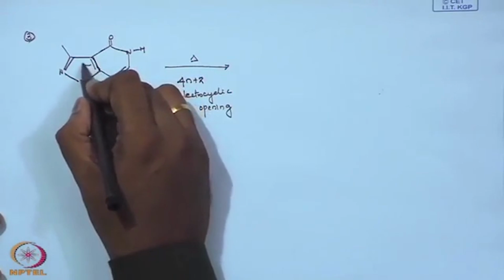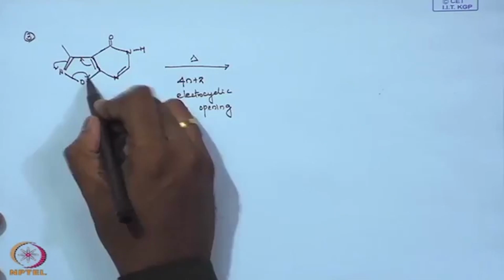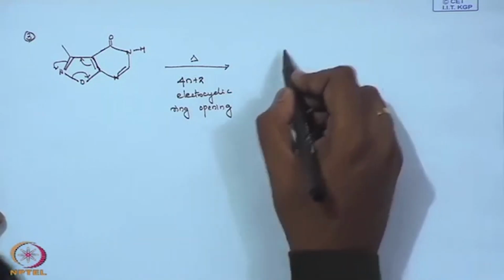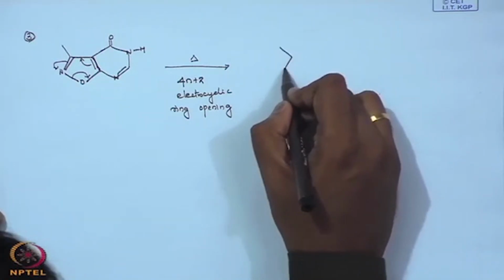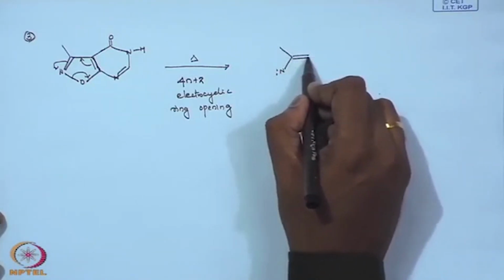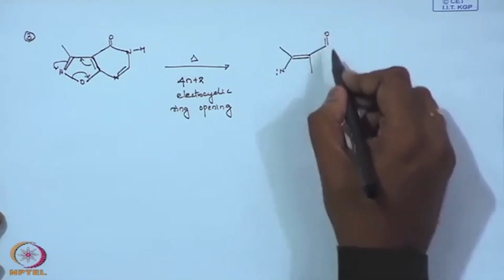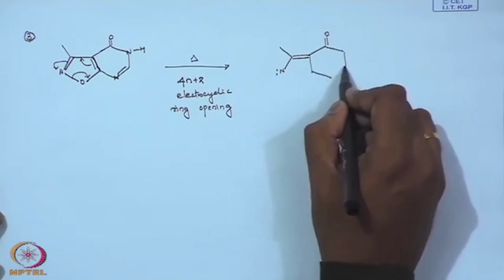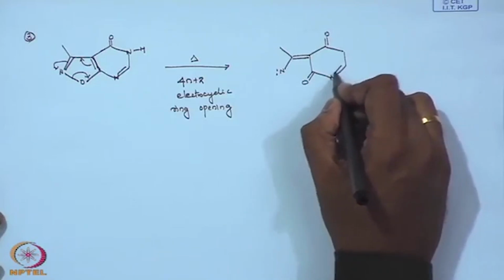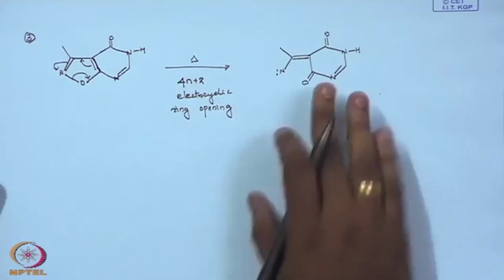So I have to just move this apart, give this opening of your 5 member ring to give you, so you get this product.